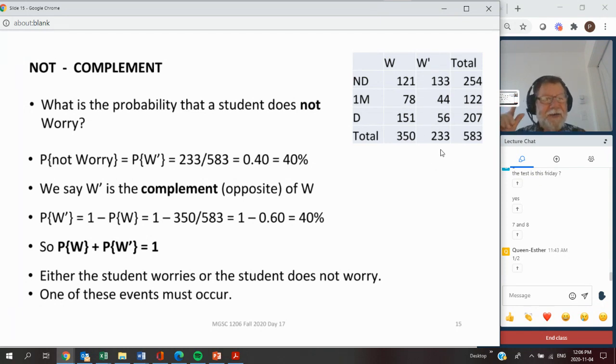If I add together the proportion that worry and those that don't worry, I have to get 100%. So either you're worried, you're not worried, those probabilities have to add to 1. And sometimes we will do problems, not in this class, but you might in another course, want to write a probability in a different fashion.